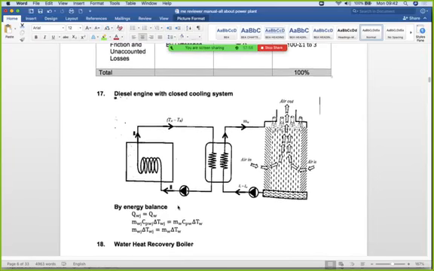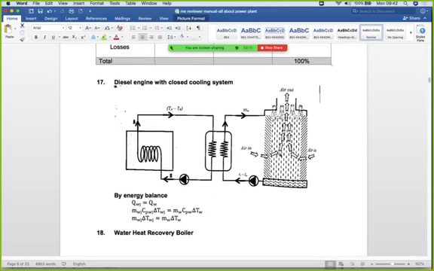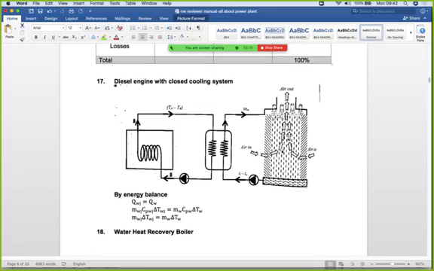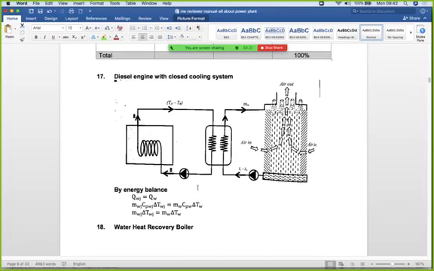So we see here in this part the energy balance, TA minus TB. Then in the center we have this one, so we have the air out and air in. So the energy balance is QWG equals QW.